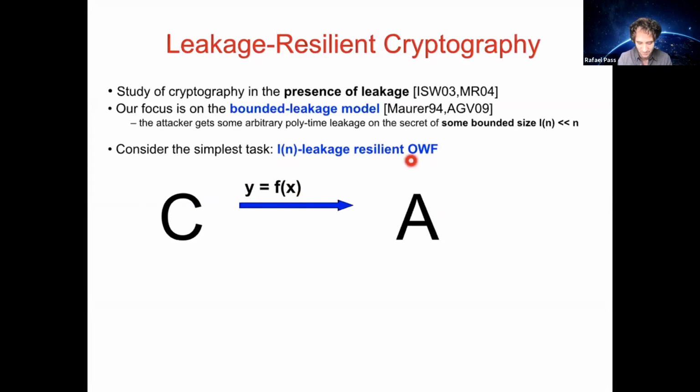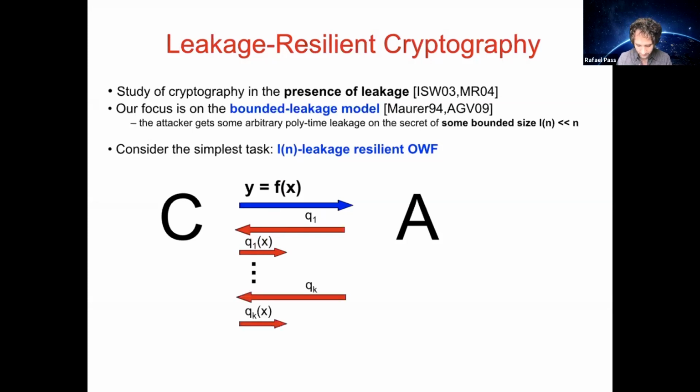But since we're considering leakage resilience, the attacker also gets to see some leakage on X. The attacker specifies this leakage by selecting some leakage circuits Q1, Q2, Q3, and so forth. It starts by selecting some leakage Q1, and it gets back this leakage function evaluated on the secret X. Then it can select another one, and so on.